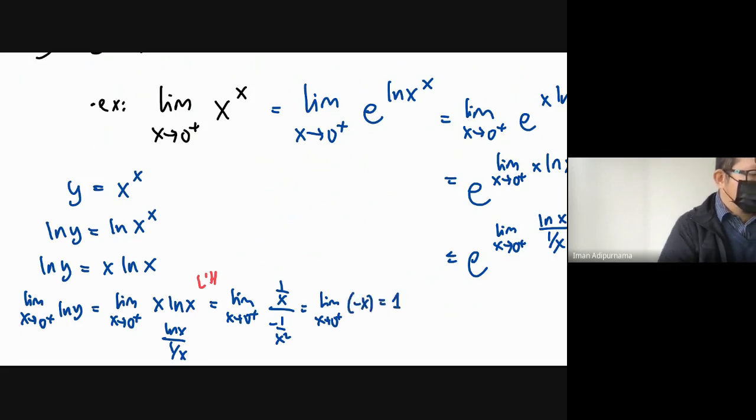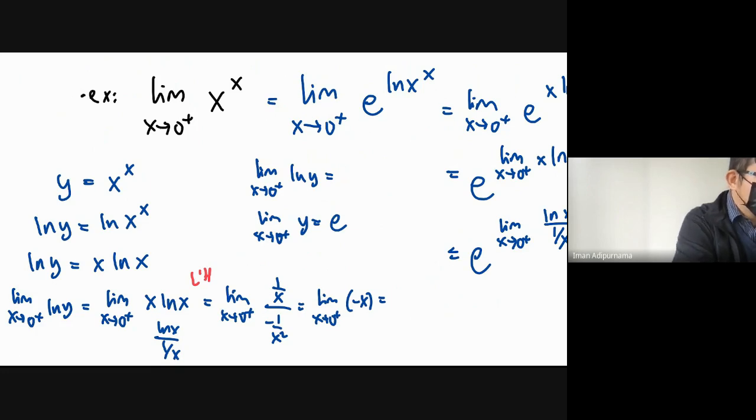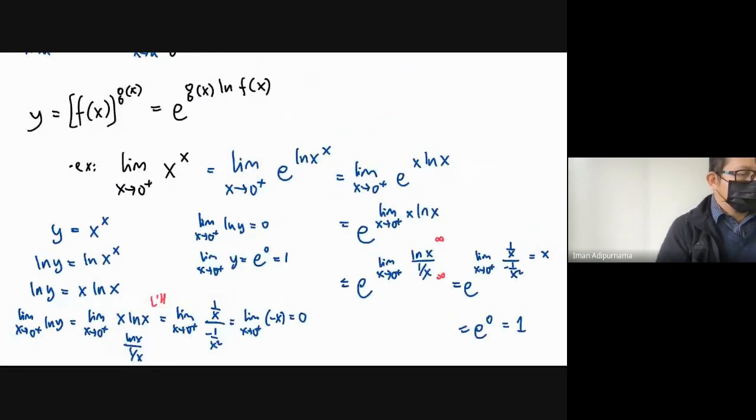This is 0. Because this is 0, we know that limit of x to 0 of ln y is 0. So limit of y is e, sorry, not 1, 0. So either way, it's similar results.